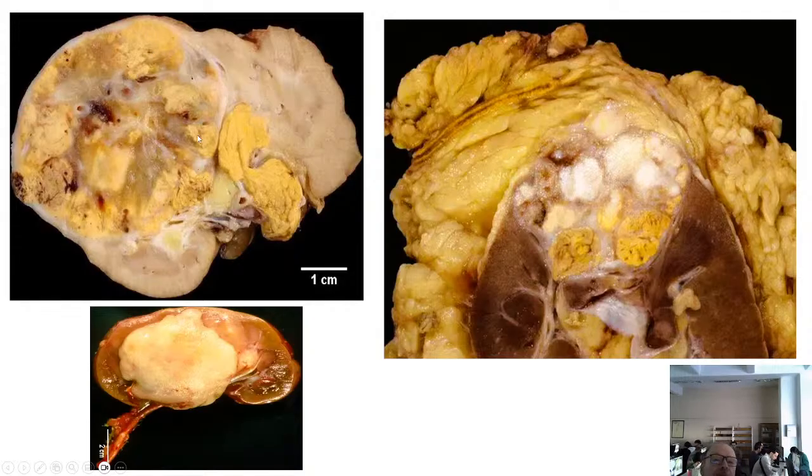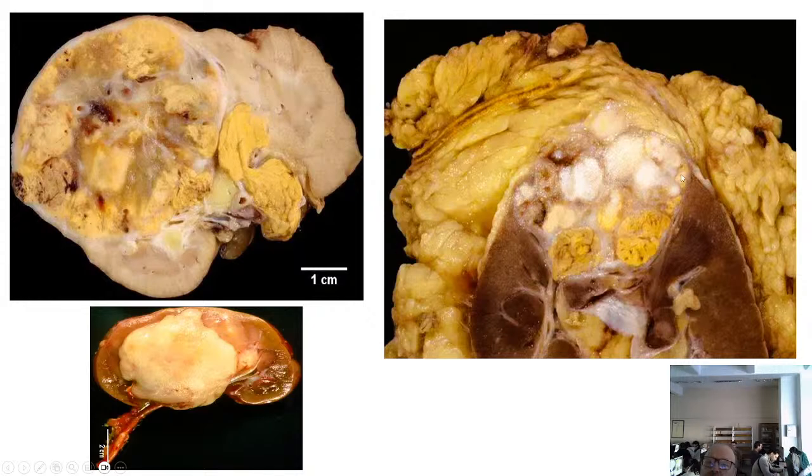This is typical of a clear cell renal cell carcinoma, and this tumor is of increased stage because it gave invasion in the renal vein. You see? So this increases the stage of the renal cell carcinoma.